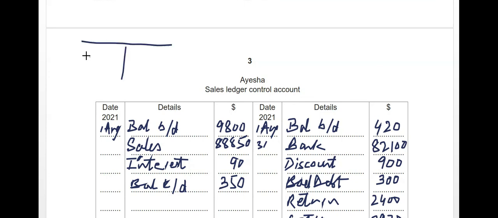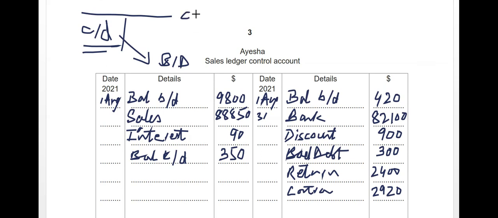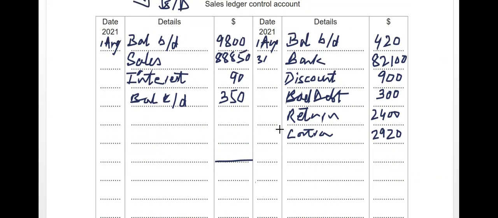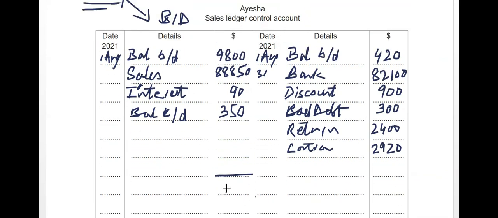Now balance CD 350 goes on the debit side. Why is this happening? Because a debit side CD balance will be carried down to become a credit balance, and the question states that this is a credit balance. So always remember, on the closing date in any sales ledger or purchase ledger control account question, the closing date balance should be taken on the opposite side as a difference.